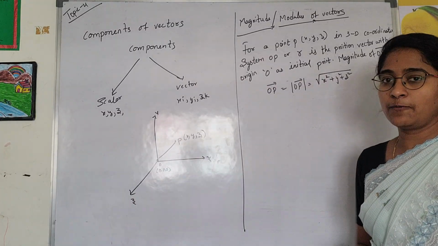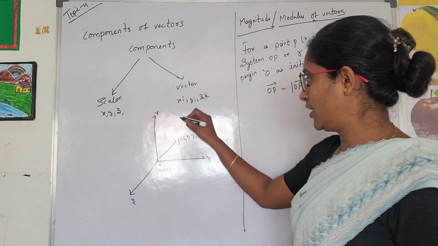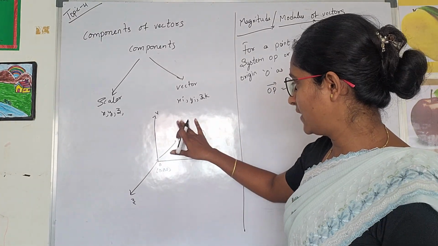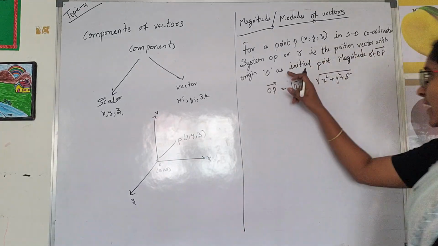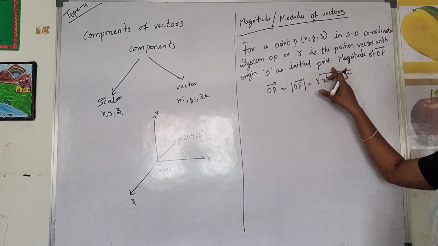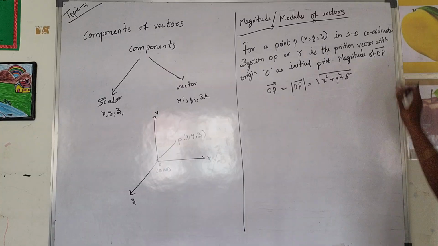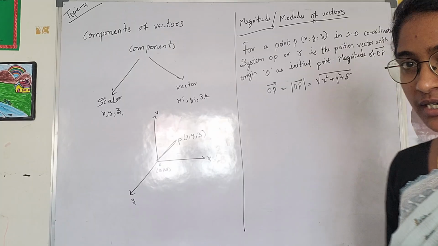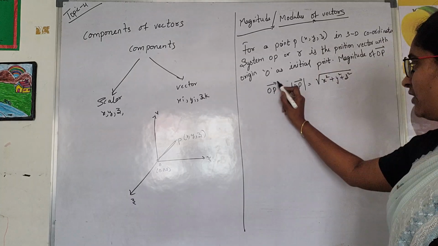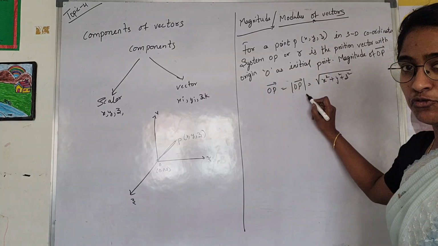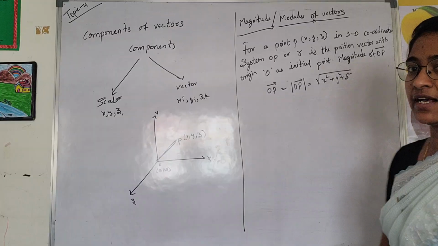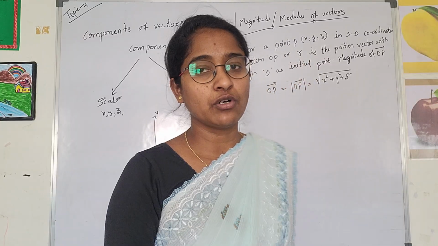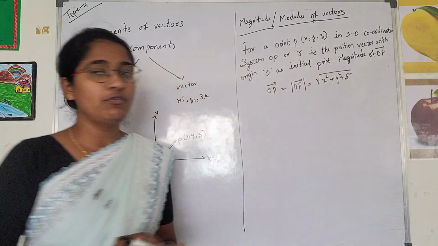O is the initial point. The magnitude of OP: the modulus of OP is equal to the square root of x square plus y square plus z square. This is the magnitude or modulus of a vector.